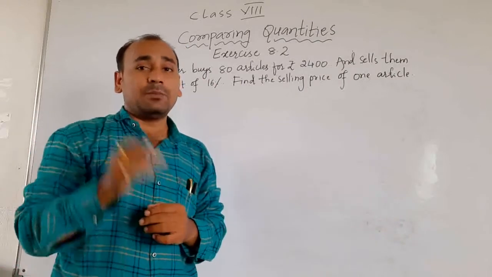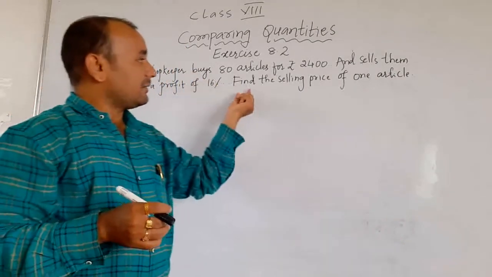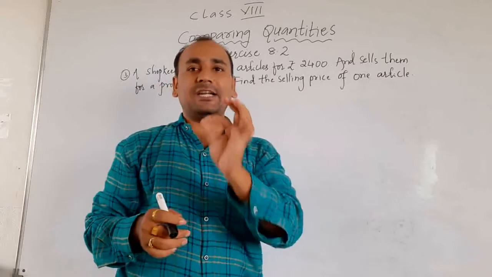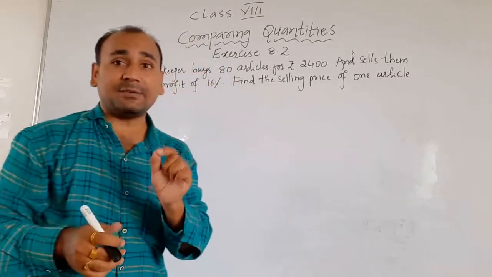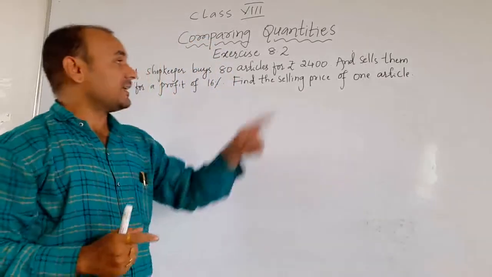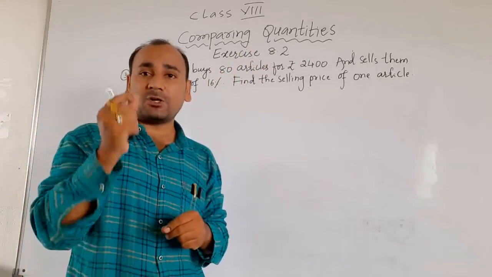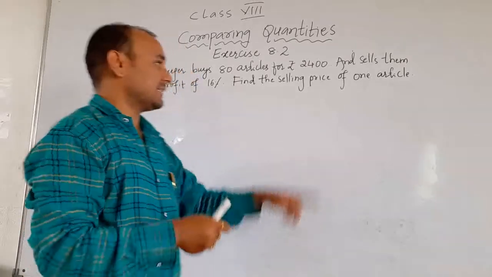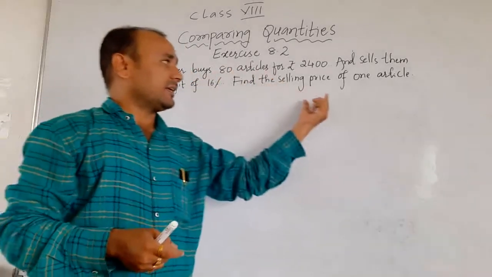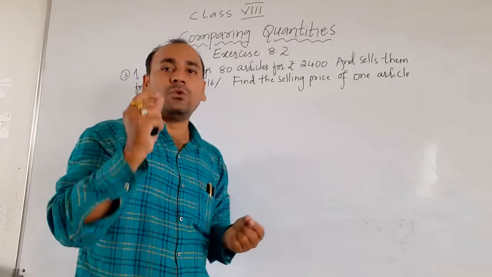Find the selling price of one article. He is asking the selling price of one article, but he has given the cost price of 80 articles. So we have to find the cost price of one article, then he has given the profit percent, then we can find the selling price of one article.